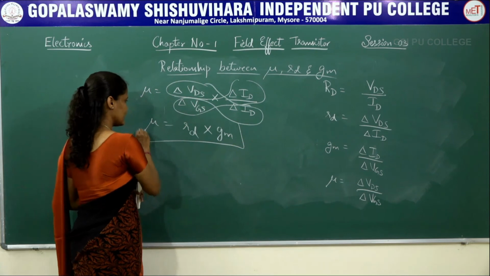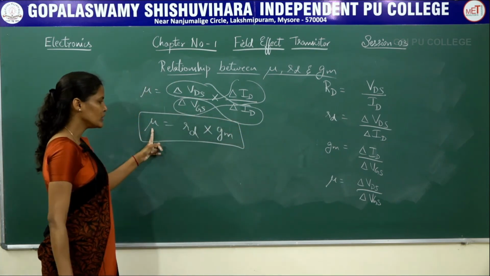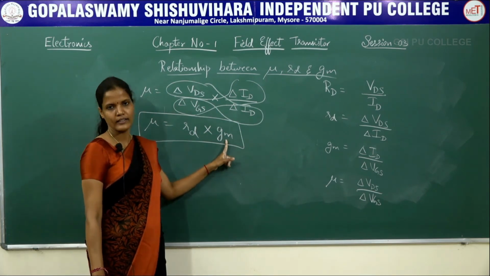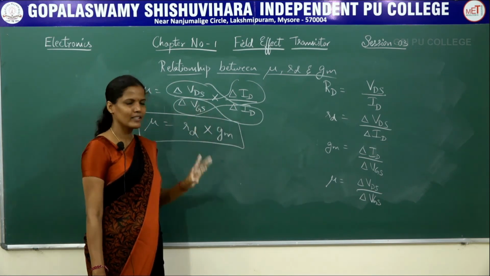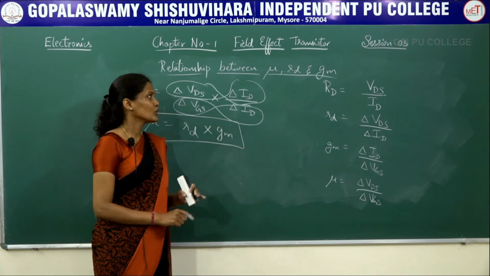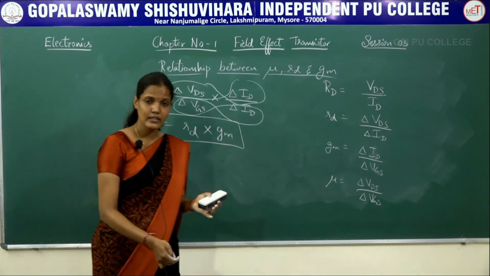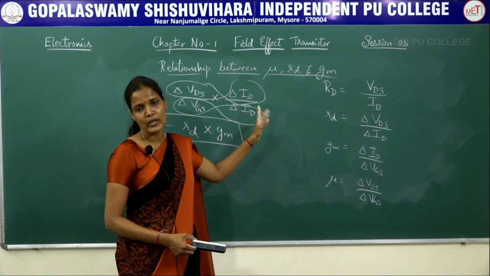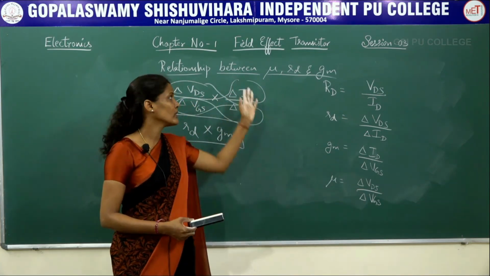So this itself is the relationship between mu, the amplification factor, AC drain resistance and the transconductance, mu equals Gm into rd. Even this is most frequently asked. So this is all about the characteristics of n-channel JFET and different JFET parameters, also the relationship between mu, rd and Gm.